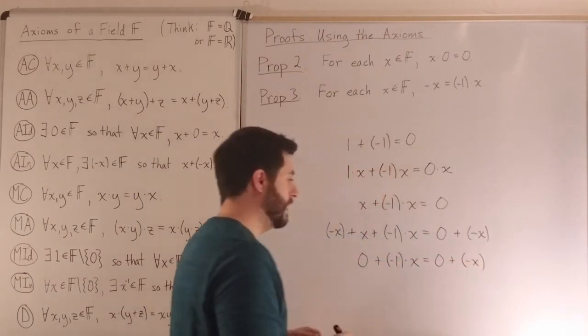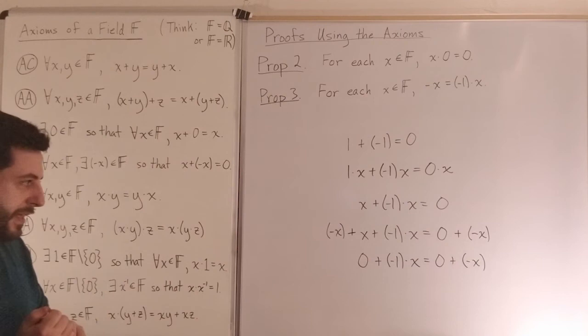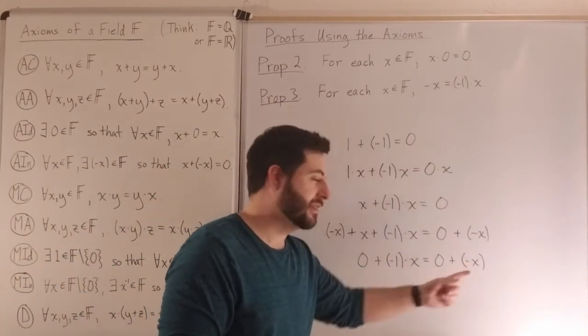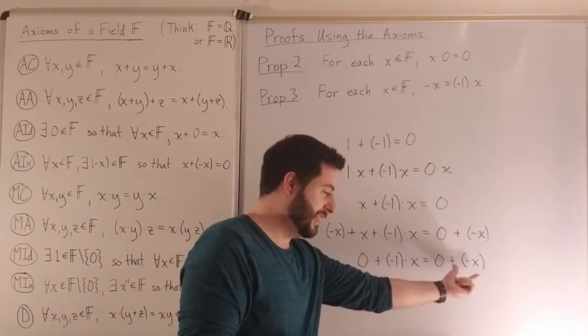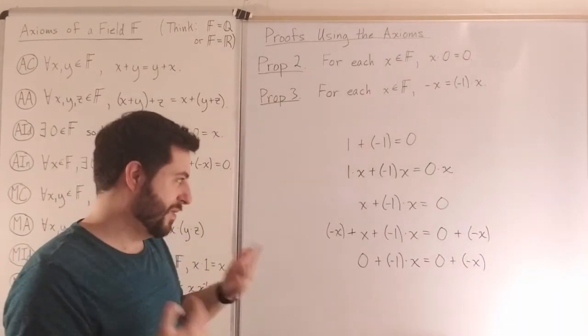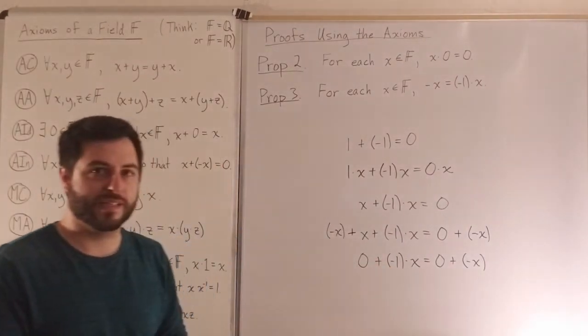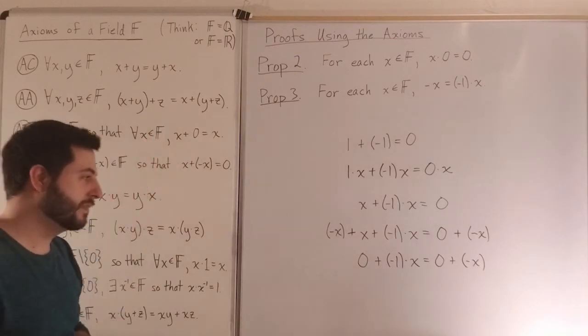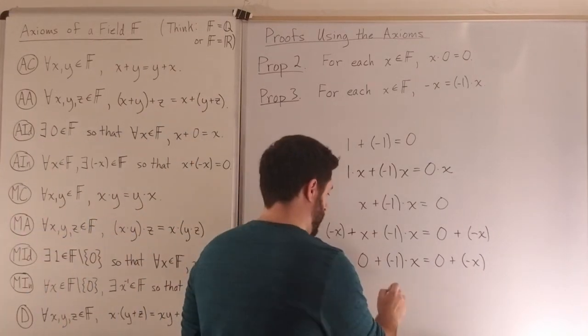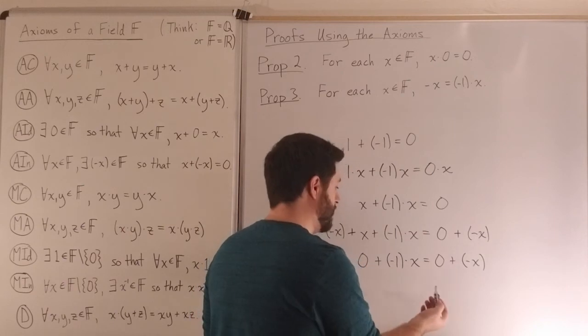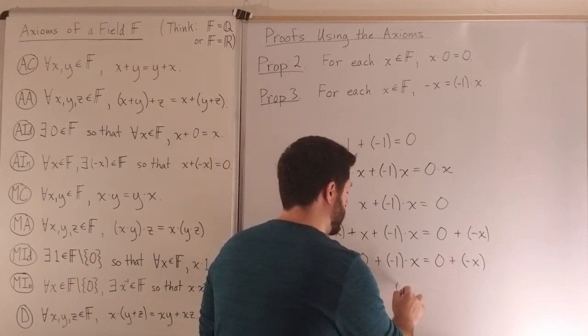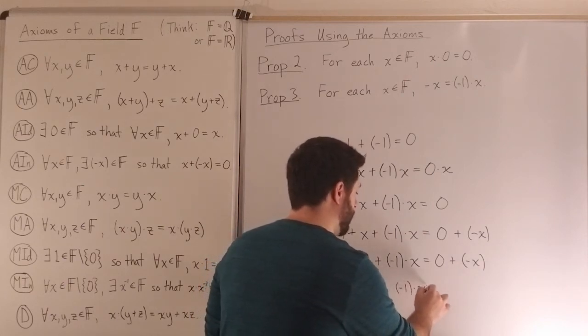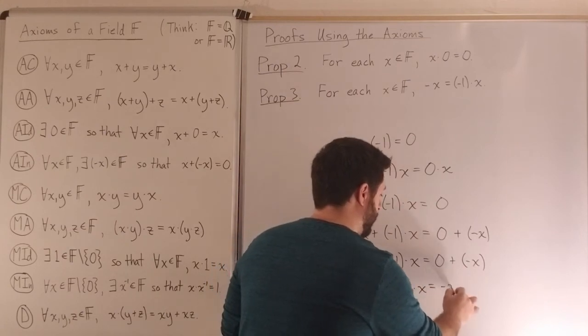And the other nice thing that happens is now we have 0 plus one thing is equal to 0 plus this other thing, and we want this one thing to equal the other thing, and we're only one step away because 0 plus something doesn't affect what the something is. So x plus 0 is equal to x. We can always cancel out a plus 0 and get negative 1 times x is equal to negative x.